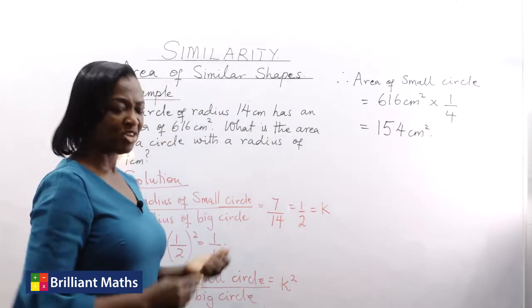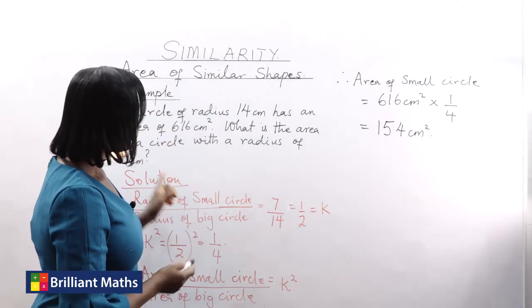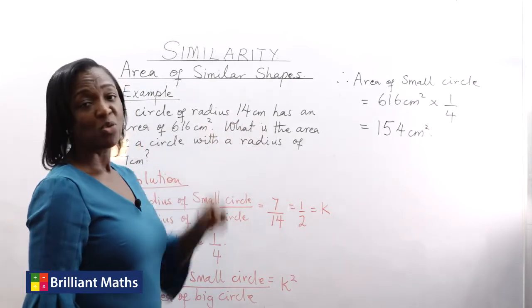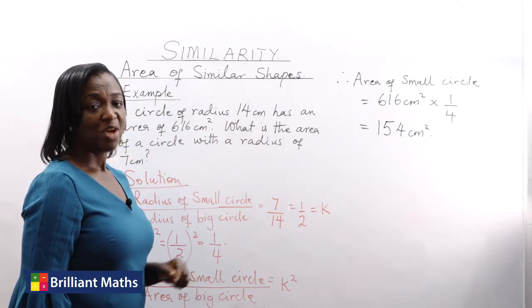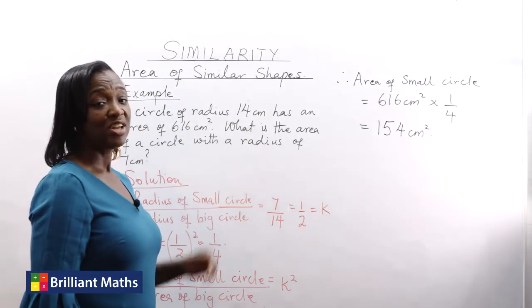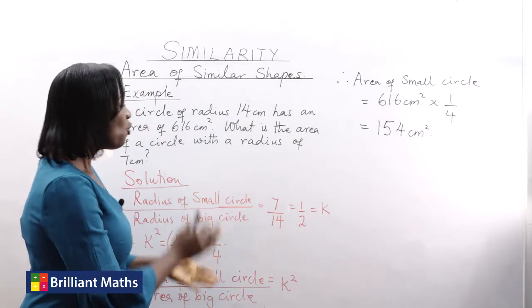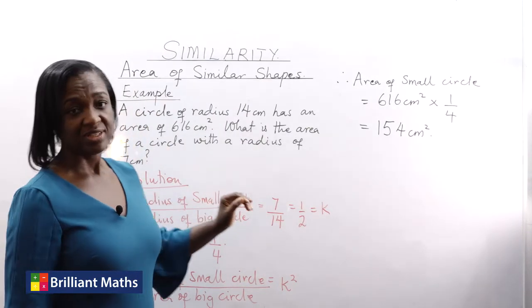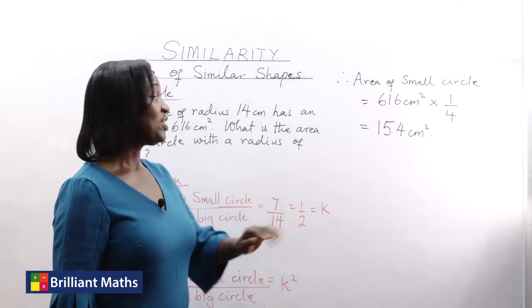So this is very interesting. The radius is half, but the area is 1/4. It will be good to use other smaller dimensions to actually find it out. That is where we know that the radius of the small circle is 7 centimeters and the radius of the big circle is 14.